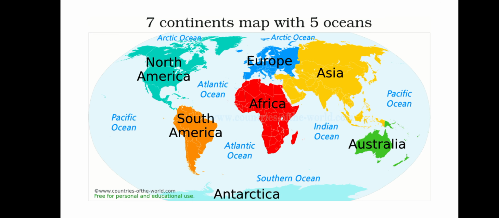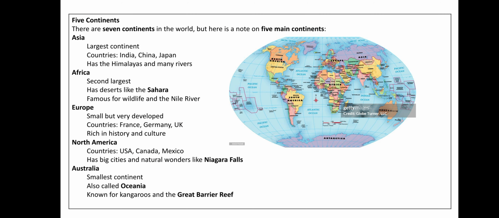There are 7 continents in the world which constitute 29% of the landmass, while there are 5 oceans which constitute 71% of the Earth's surface.